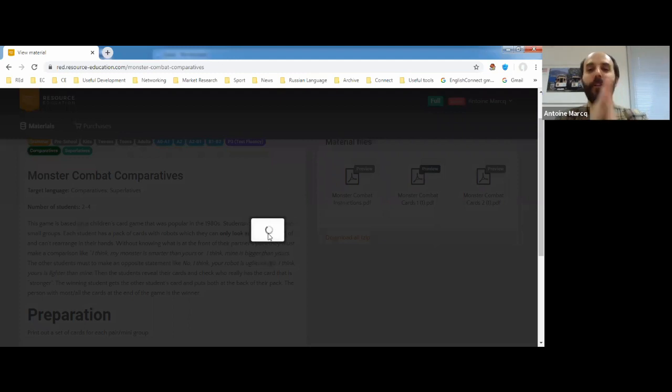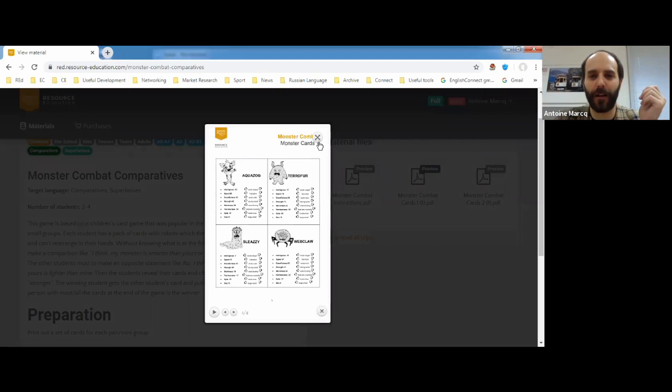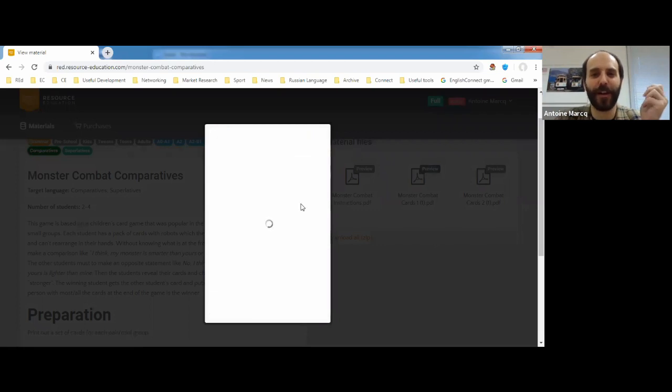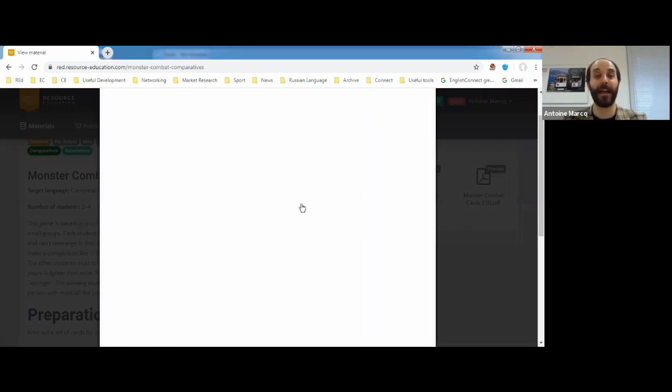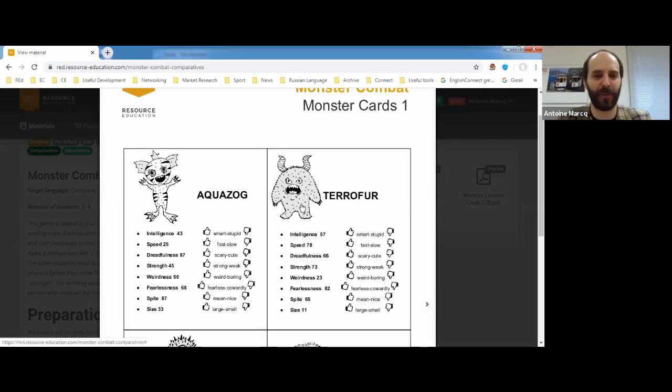So there will be different characteristics on how smart they are, how strong they are, how fast they are, how scary. I mean, they're monsters, so there's going to be scary, I'm sure. There you go. Intelligence, speed, dreadfulness, strength, weirdness, fearlessness, spite, size.